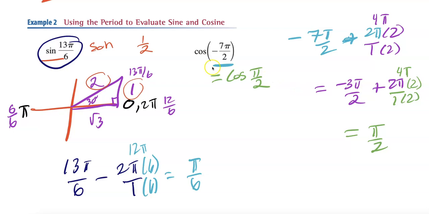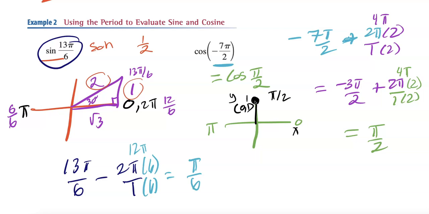So you could do that. And then we just have to figure out what cosine of pi over 2 is. Real quick, here's 0, here's pi. Pi over 2 is halfway. Remember, when you land on the line, you do not draw a triangle. You're supposed to know that point. It's an xy point. It's a unit circle, so the radius is 1, and in a coordinate point, it's 0, 1.